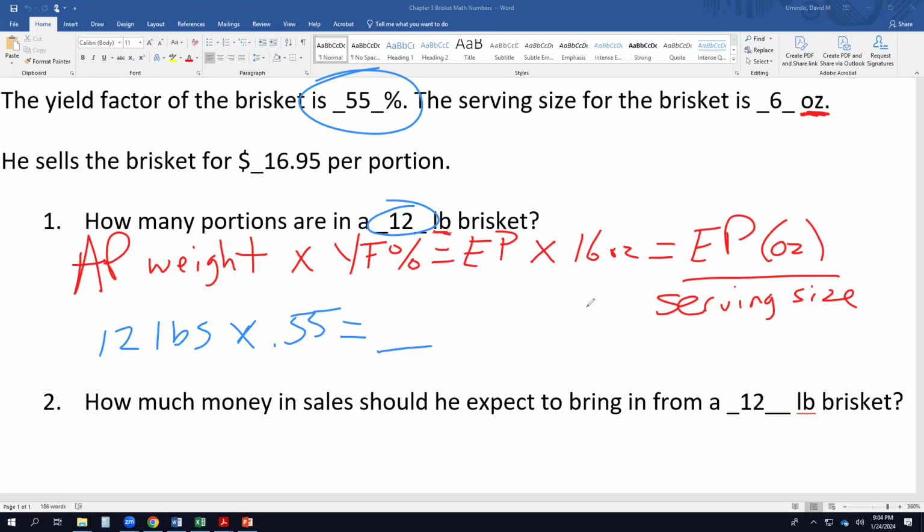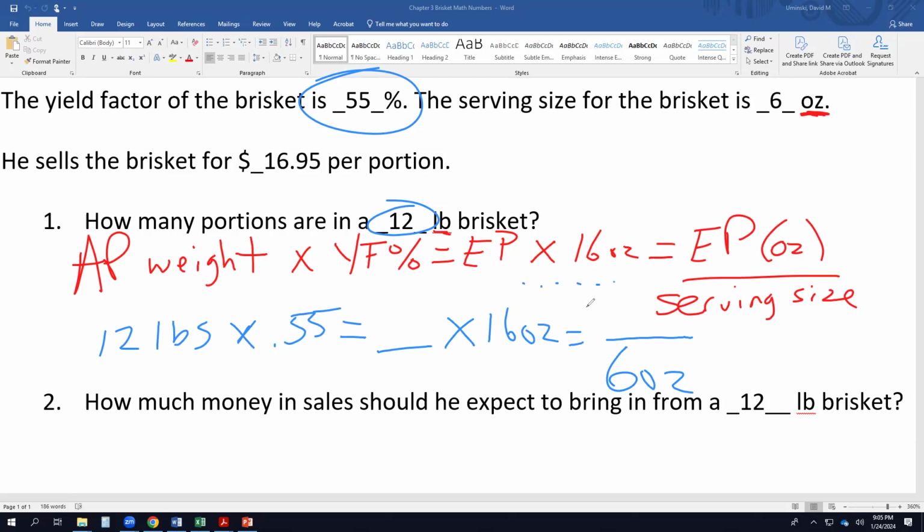What's our next step in our formula? Multiply by 16 ounces, and that's going to give us another number. And then what is our serving size? 6 ounces. So you're setting yourself up to go from left to right.